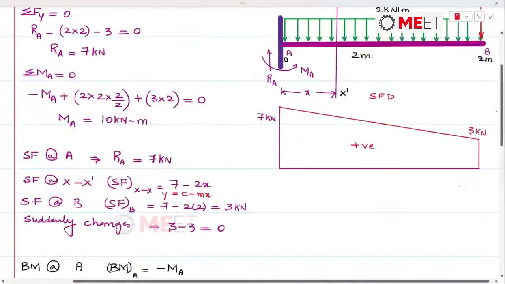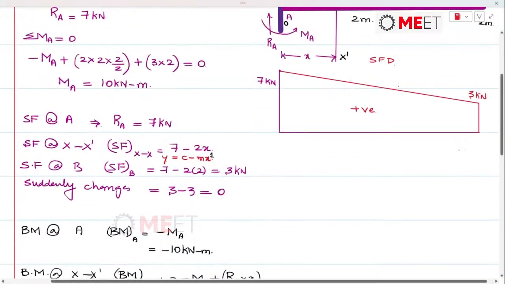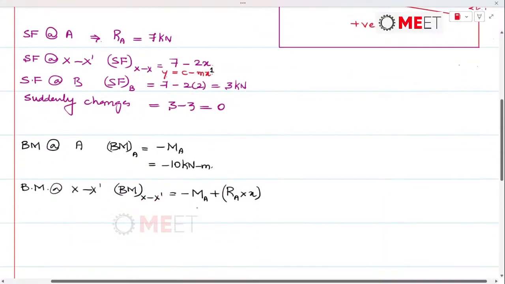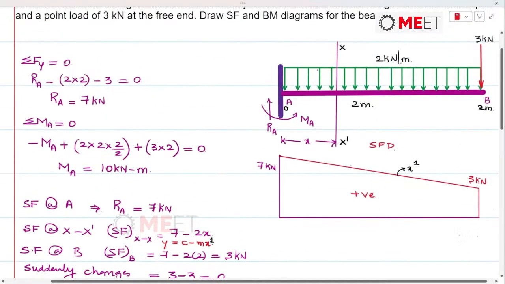So in the SF we found out it is x power 1 behavior. It's a straight line, and for bending moment we need to calculate. So minus MA plus RA into x, and the UDL will produce anti-clockwise movement about the section.